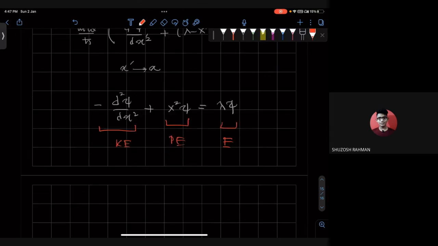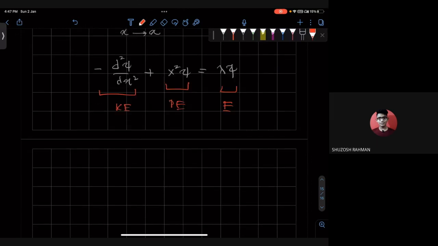This equation has the form of an operator times psi equals E times psi. Any questions so far? This is the problem we have to solve. I've just re-expressed it in a different way.